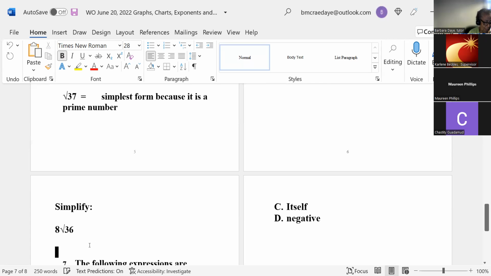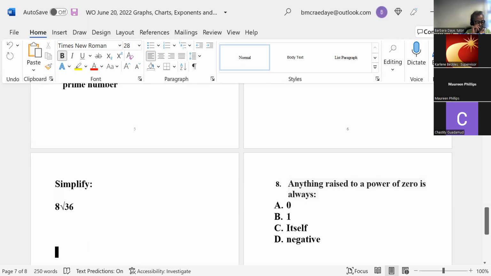Maureen, you ready to simplify that one? You can't simplify that because it can go into 36. This is not a division. This is a coefficient, 8, in front of the square root of 36.